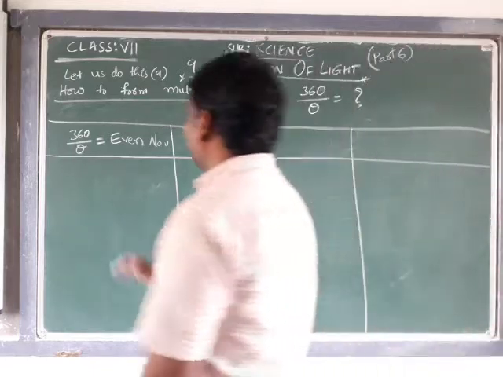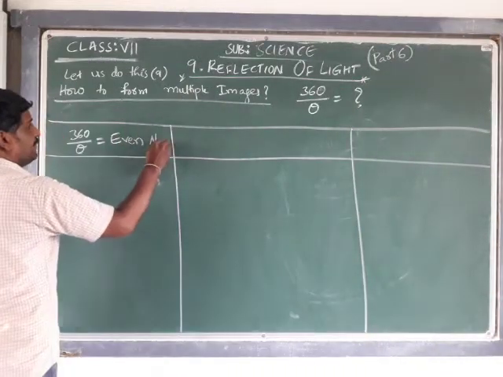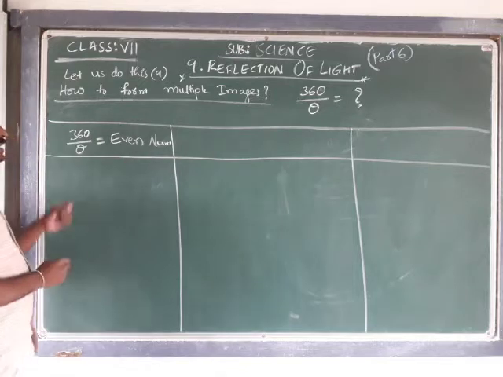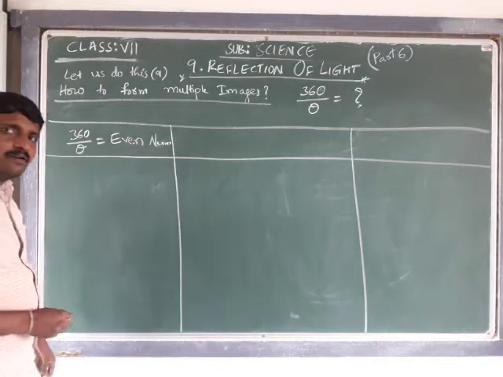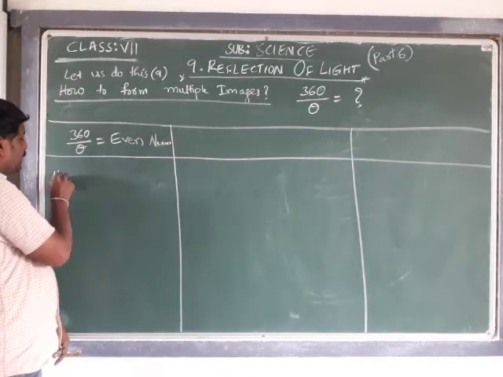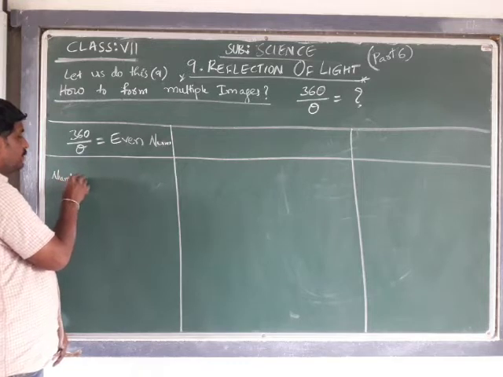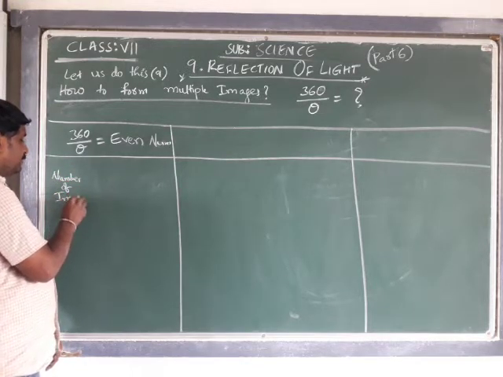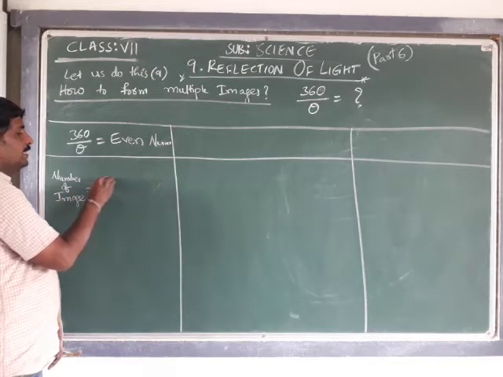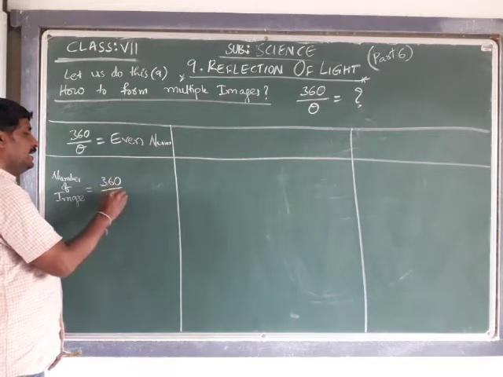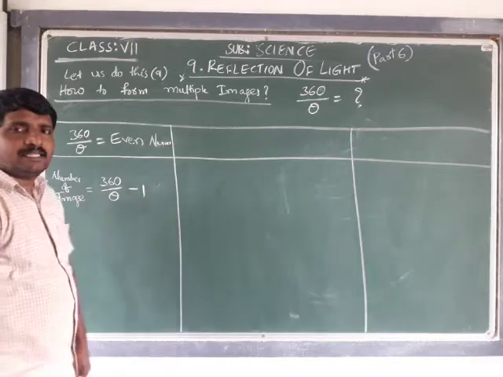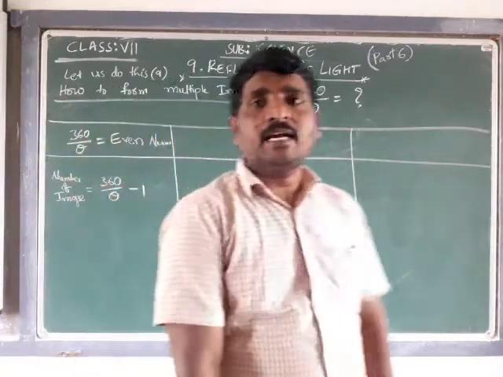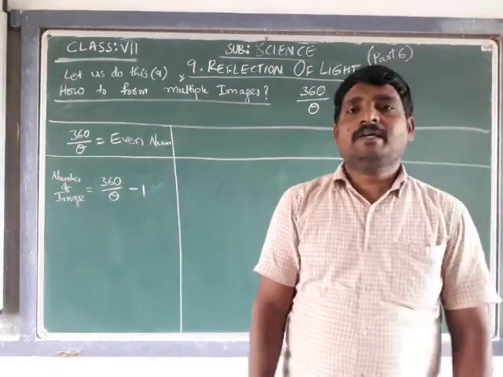If 360 by theta is an even number, then the number of images is equal to 360 by theta minus 1. That many images will form.